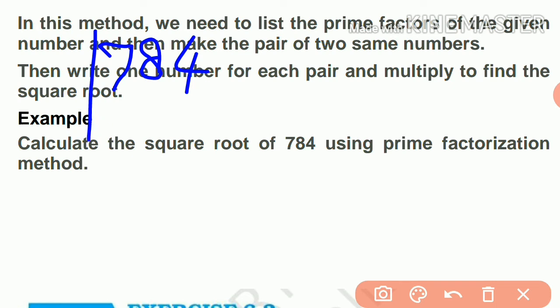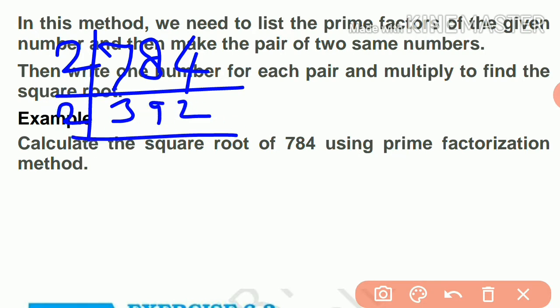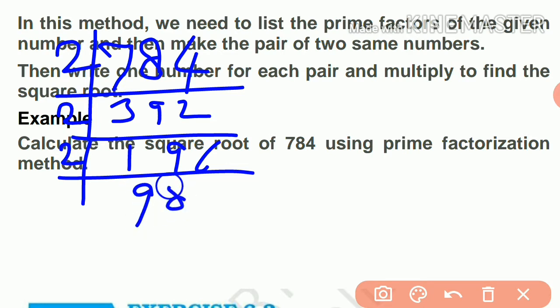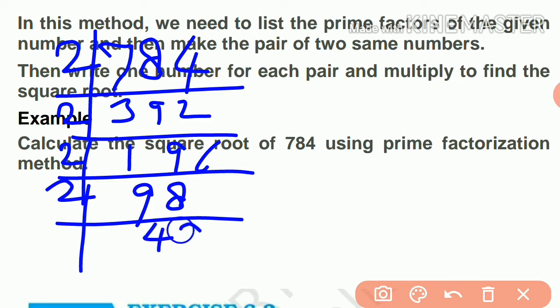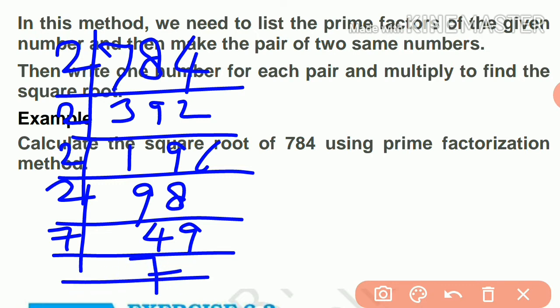We divide this number by 2: 784 divided by 2 is 392, then again by 2 it becomes 196, again by 2 it becomes 98, and again by 2 it is 49. Then 49 divided by 7 is 7, and 7 divided by 7 becomes 1.